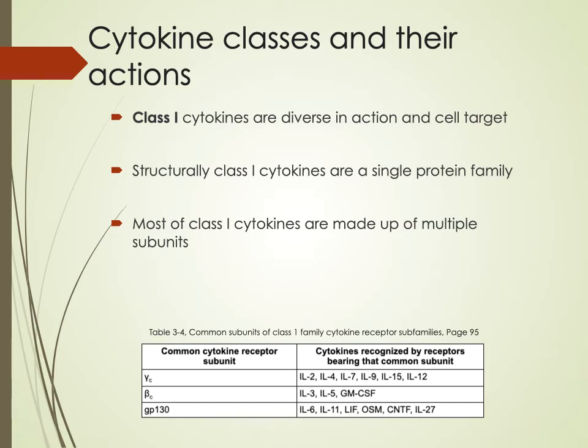So our next family is the class 1 cytokine family. These are very diverse in their action and their cell target. One of the things to keep in mind is that this family is usually made up of multiple subunits. So you can see on the table here some of the common subunits that are in class 1 family receptors, and some of the examples.